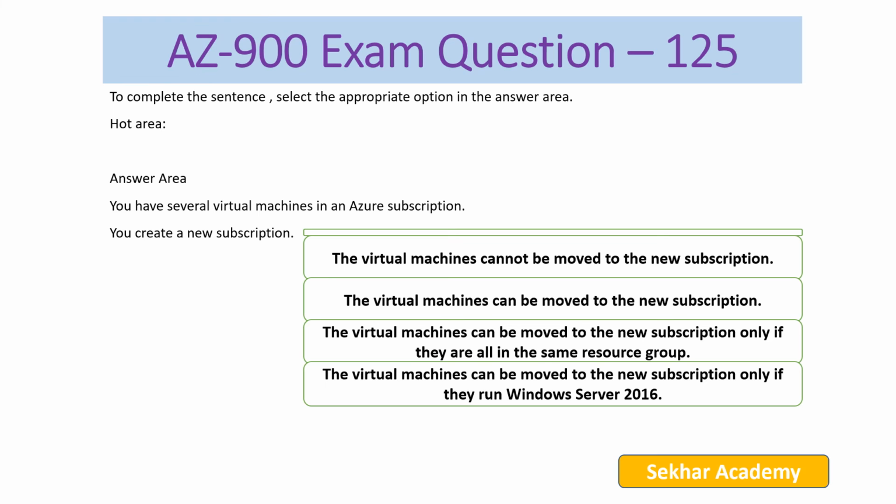The options we have: the virtual machines cannot be moved to the new subscription; the virtual machines can be moved to the new subscription; the virtual machines can be moved to the new subscription only if they are all in the same resource group; and the last option, the virtual machines can be moved to the new subscription only if they run Windows Server 2016. So the right answer is: the virtual machines can be moved to the new subscription.